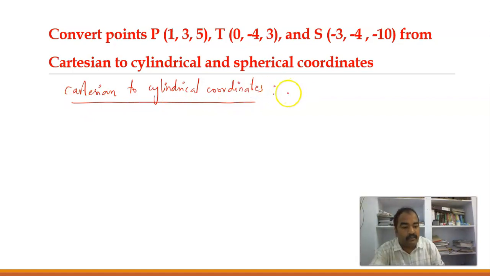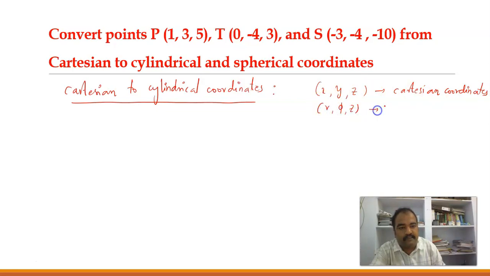We know the formula of how to convert the Cartesian coordinates into cylindrical coordinate systems. Let us suppose x, y, z represent Cartesian coordinates, and r, phi and z represent cylindrical coordinates.